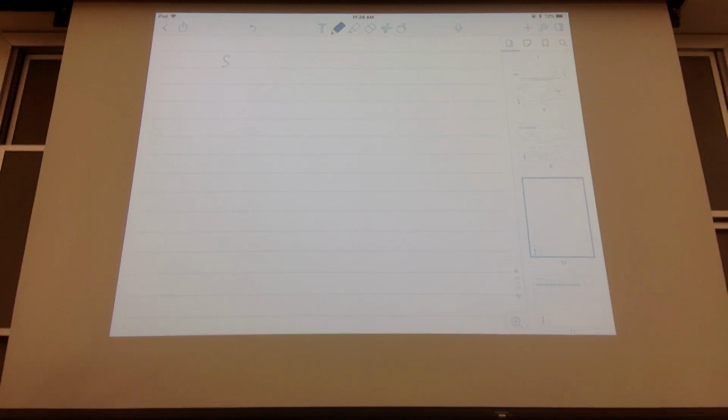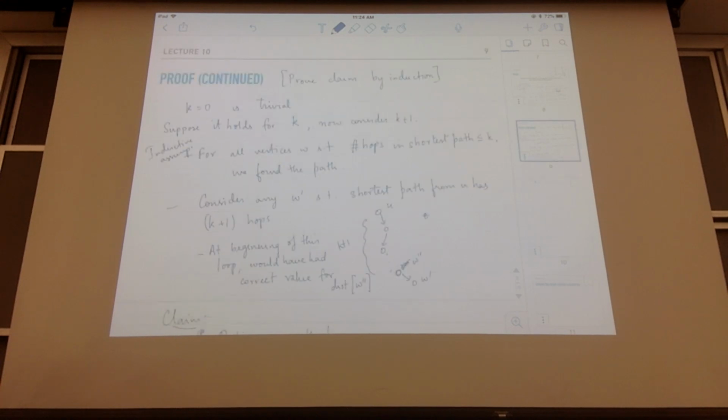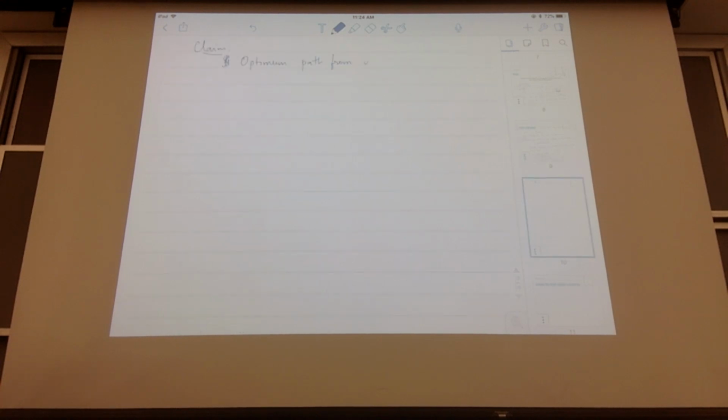All I'm saying is that the optimum path from U to W double prime has number of hops at most k.